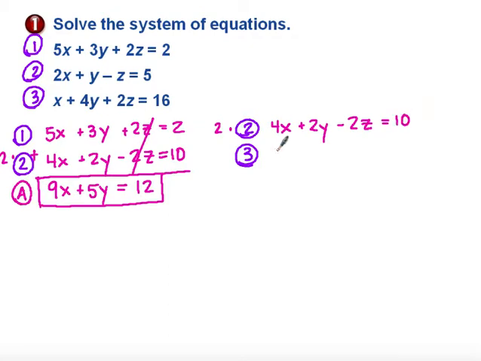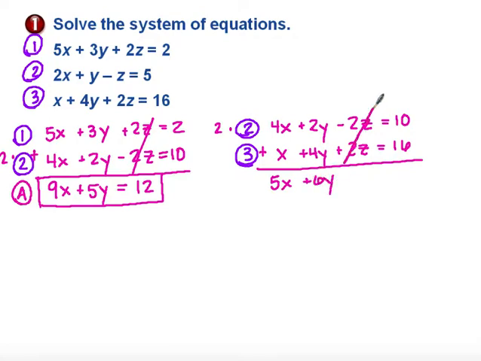Now I'm going to leave equation 3 exactly how it looks. Then I'm going to add these two equations together, and that's going to result in 5x plus 6y. My z's are going to cancel, and I'm going to be left with 26 on the right side. I'm going to call this equation B.